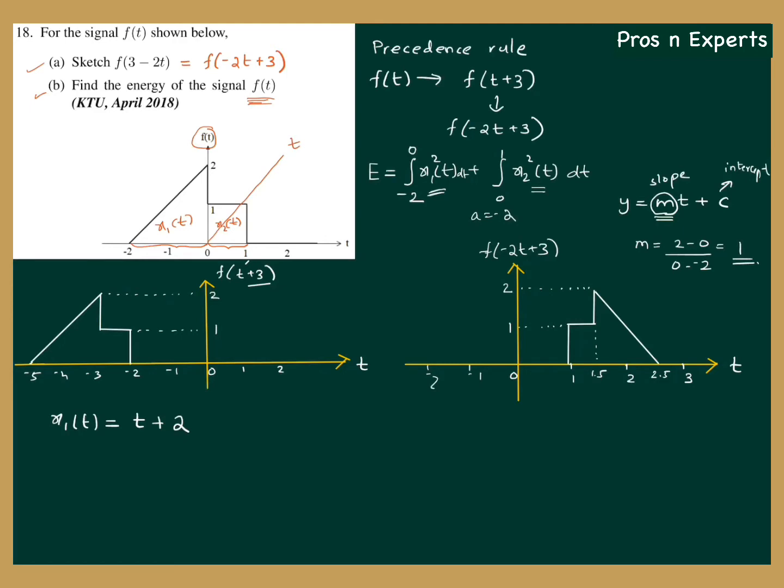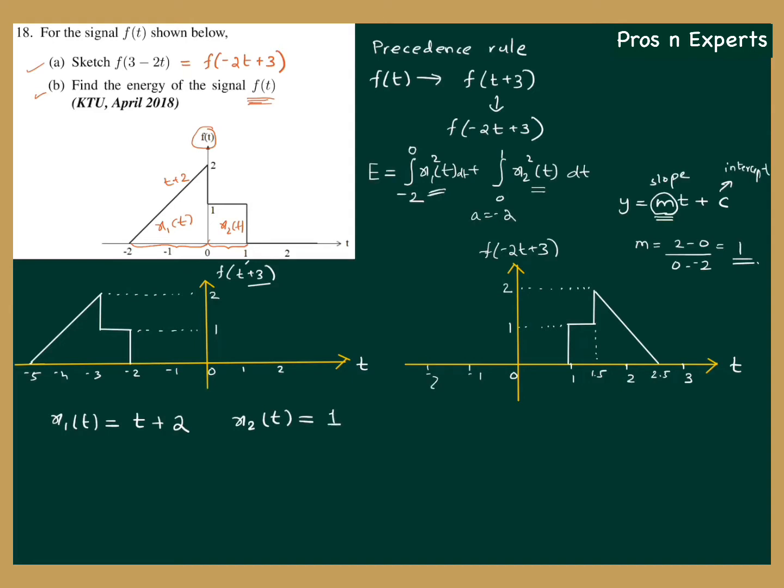But you can see the signal is shifted 2 to the left, so it is t plus 2. Okay, so we have obtained x1 of t as t plus 2, and x2 of t, I can say it is 1.